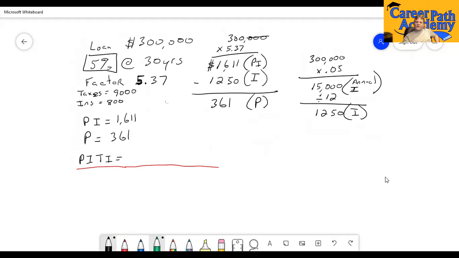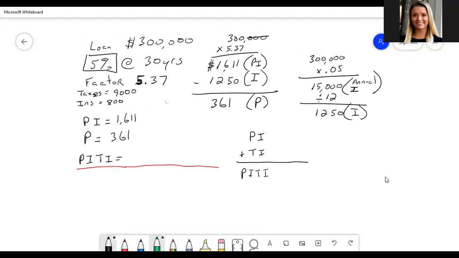I'm going to give you the formula here. PI plus TI equals PITI. Can you repeat that one more time? PI plus TI? Yep, you see it right here on the screen? PI plus TI is PITI. That's the formula.